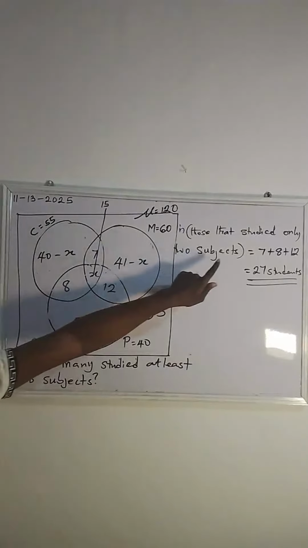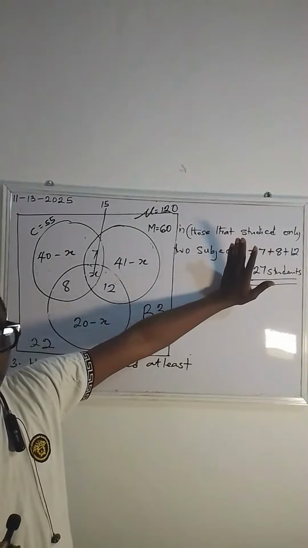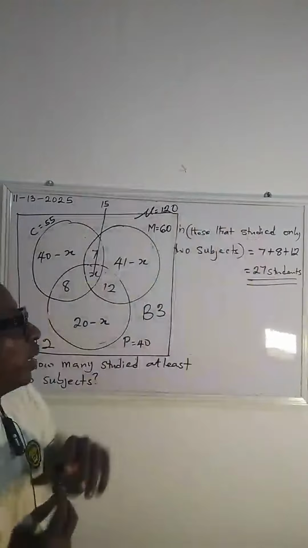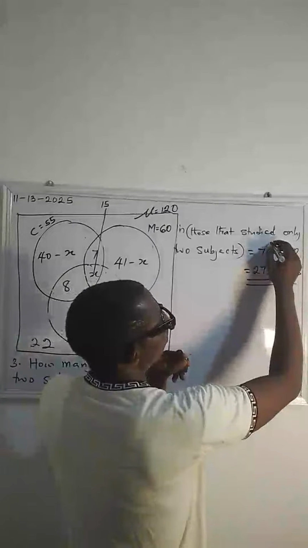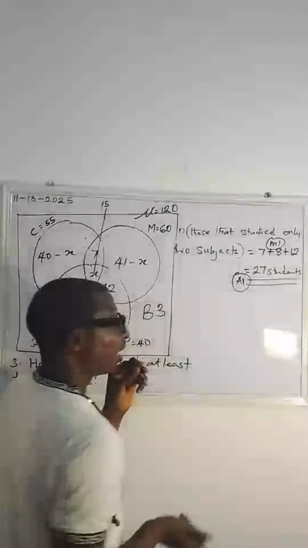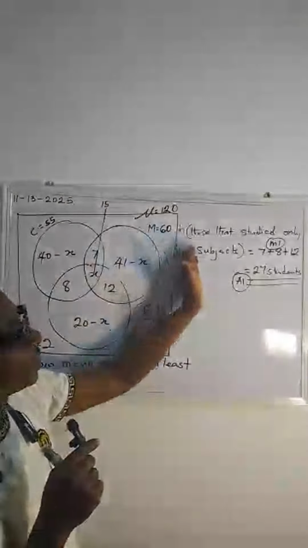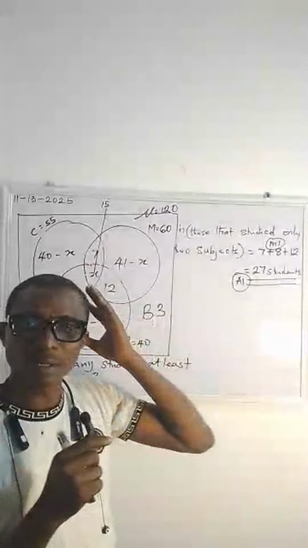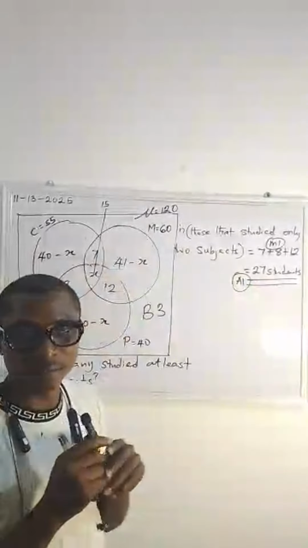I think I need to show you how we are to award marks to this solution. For this, there's a method mark, and for getting your answer, you have A1. Now, there's something I want you to know. When questions like this are asked, you cannot just do the calculation in your brain and say, okay, the answer is 27.